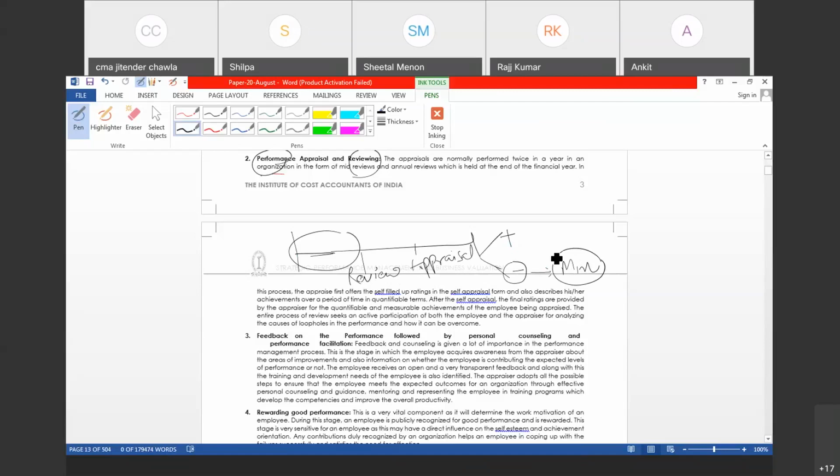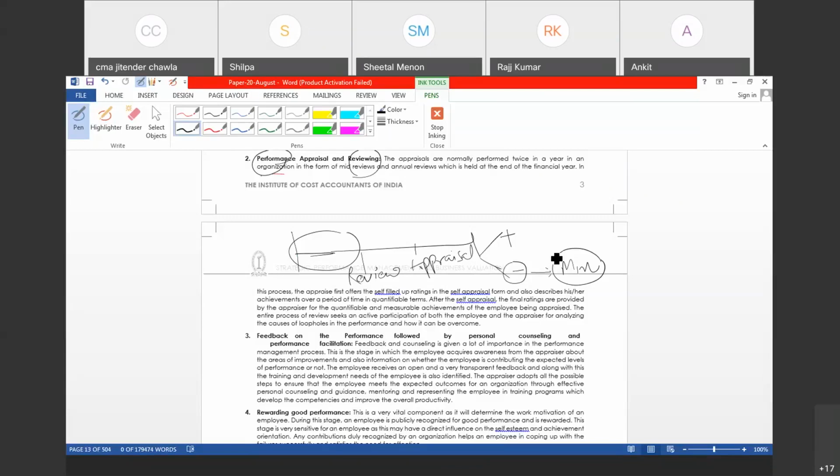So whatever action an employee does in an organization definitely has positive as well as negative. Whatever you are doing, positive and negative are there. You have to minimize the negative things out of the performance of the employee.